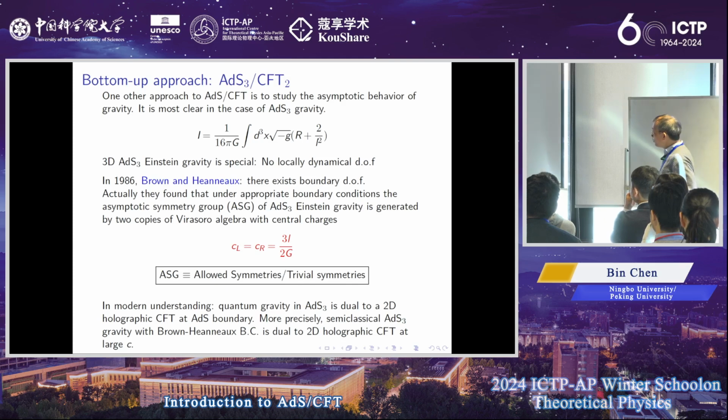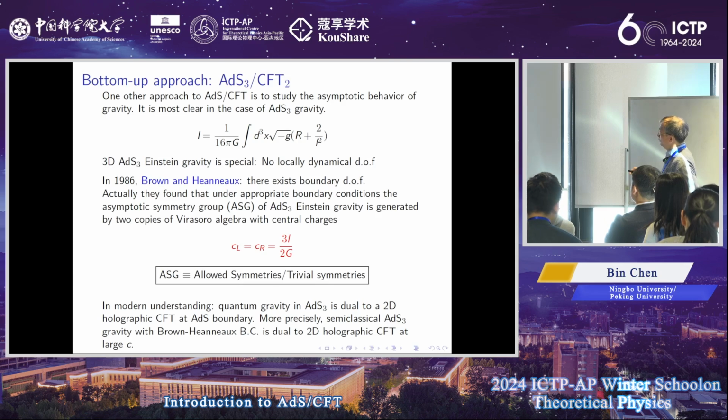More precisely, and I will comment on this very soon, this correspondence only holds in the semi-classical limit. That means the semi-classical AdS3 gravity with Brown-Henneaux boundary condition is dual to a two-dimensional holographic CFT at large c.